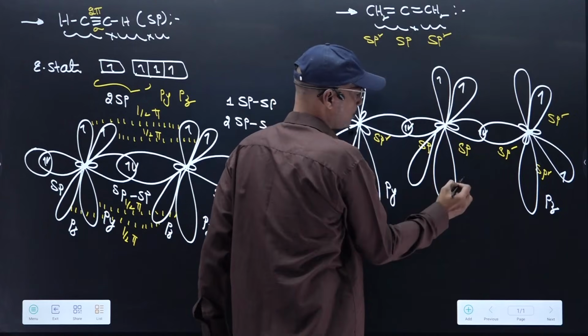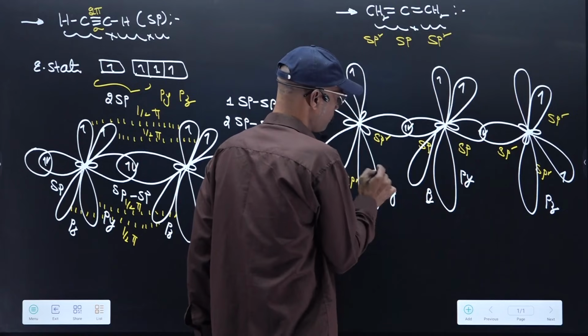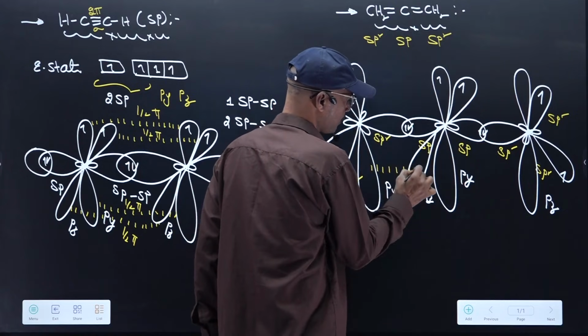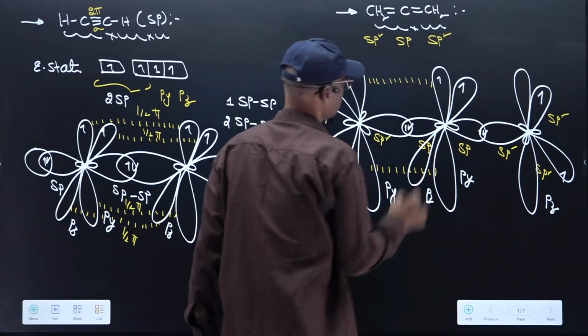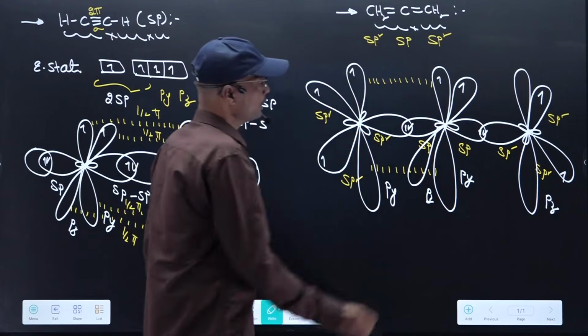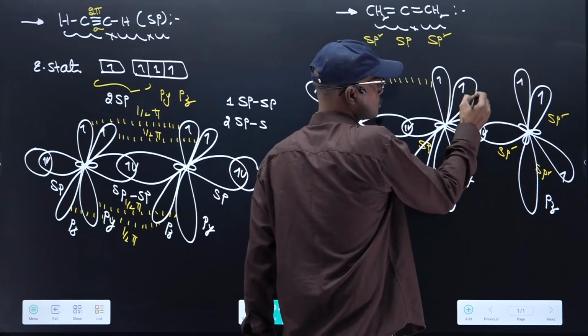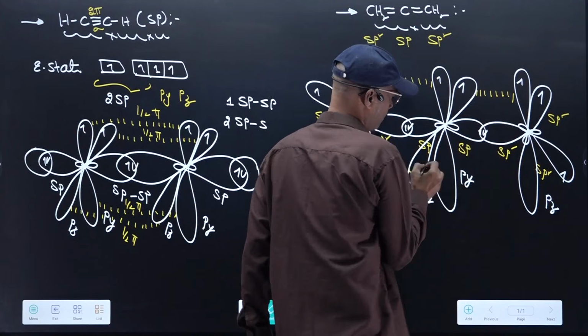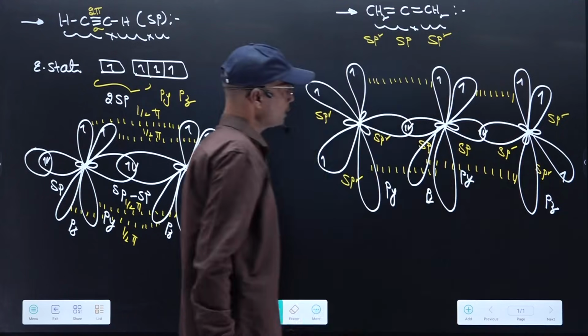So these two carry 1 electron. This py will overlap together, and here also py overlap. Then this pz overlaps together. So pz sideways overlap, this pz sideways overlap.